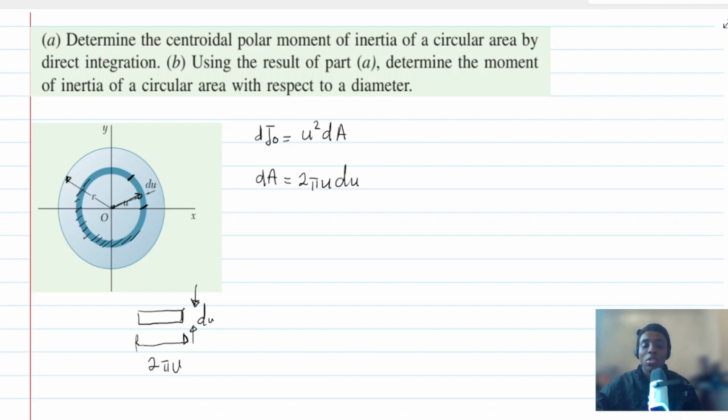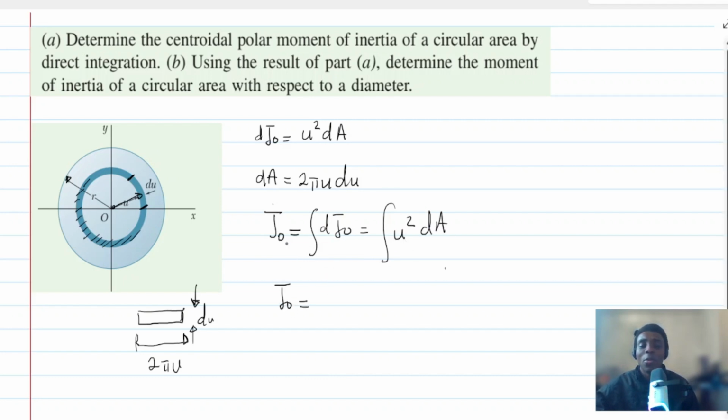Now that we know this, all we have to do is integrate. Don't forget that the actual J naught is the integral of the small dJ naught, which is the integral of u squared dA. So J naught, the polar moment of inertia, will be the integral of u squared multiplied by 2 pi du.